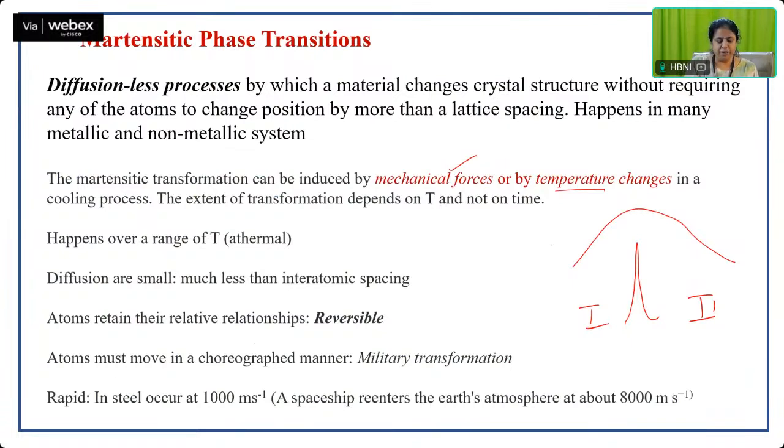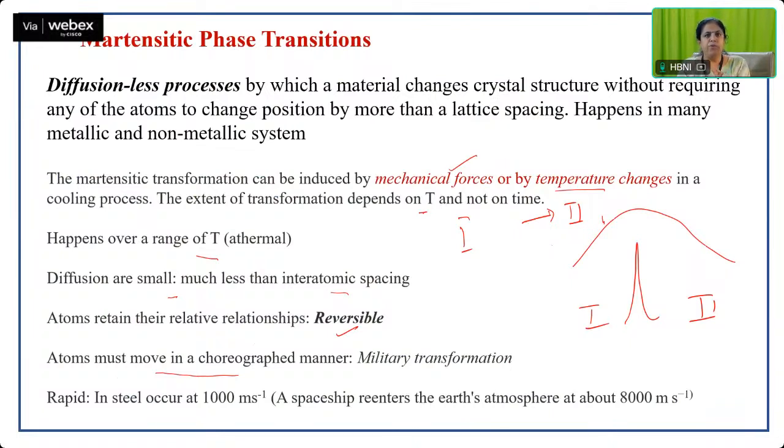It happens over a range of temperature, and the extent of transition, like how much of phase 1 is converted to phase 2, will depend upon the temperature and not on time. Diffusion is either not happening or is much less than the interatomic spacing. Atoms retain their relative relationship, and as I told you, it happens as a dominoes effect.